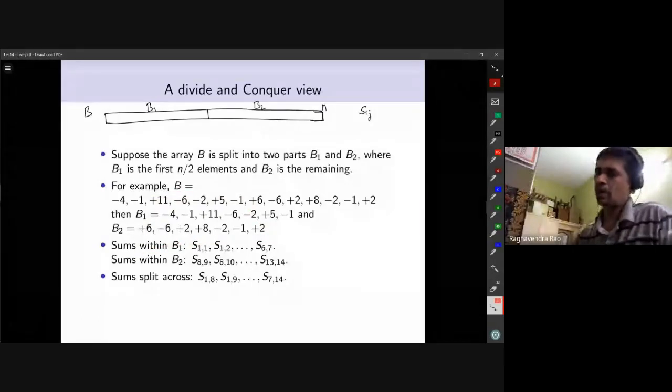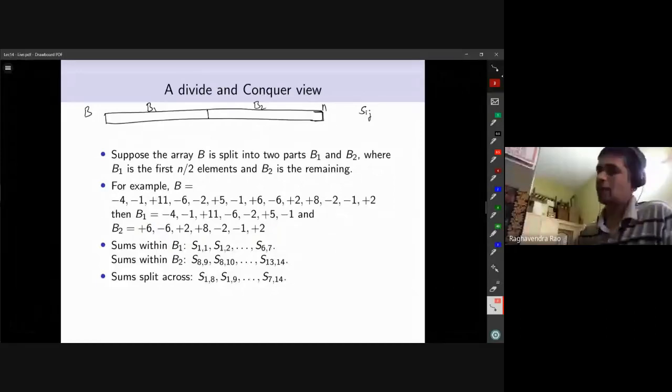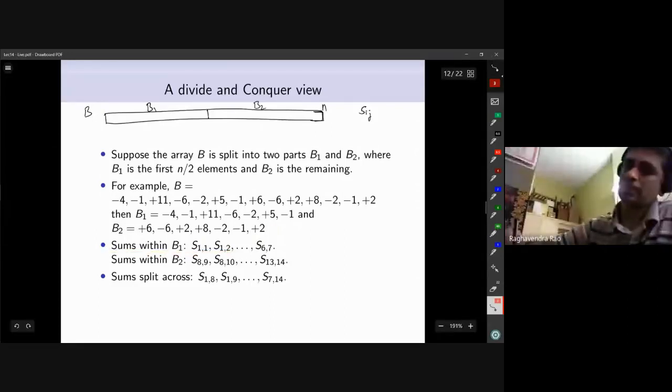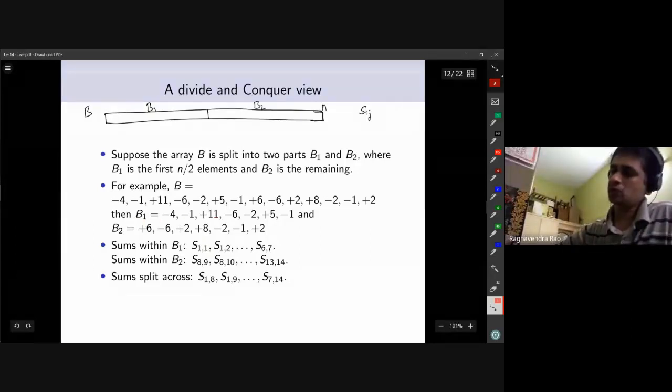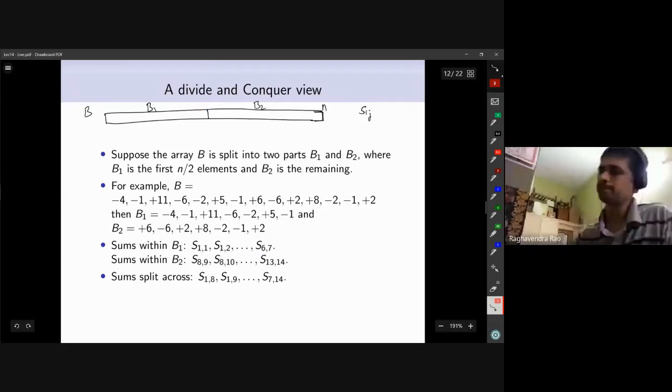Now let's look at the values Sij, that is, subarrays. The subarrays can be categorized into 3. One is completely within B1, that is, the starting index and the ending index are within B1. In this example, those are S11, S12, etc., up to S67, assuming 7 is the last index here.